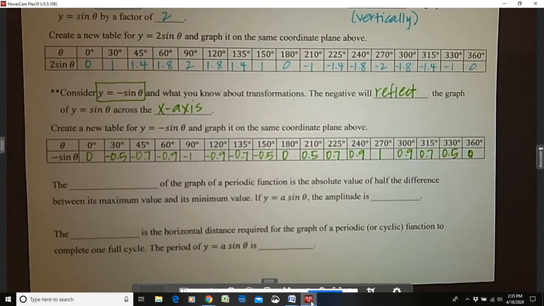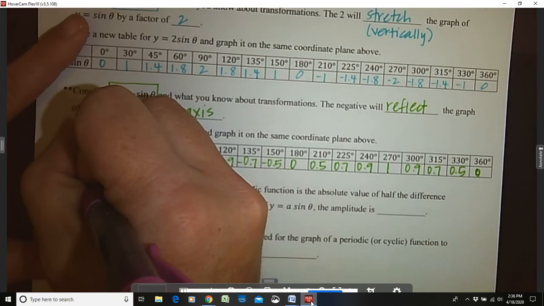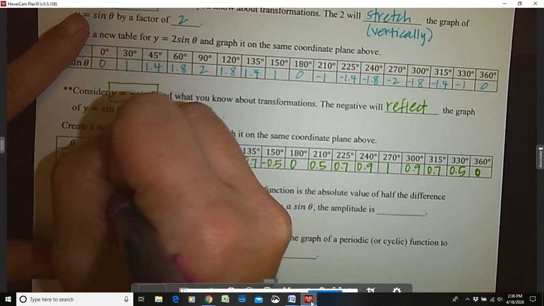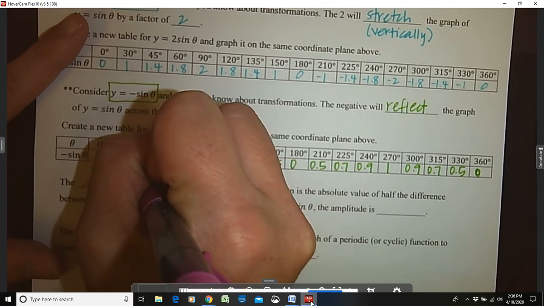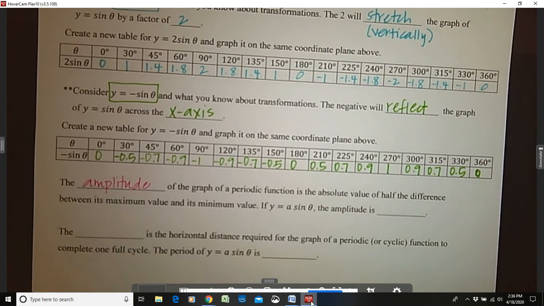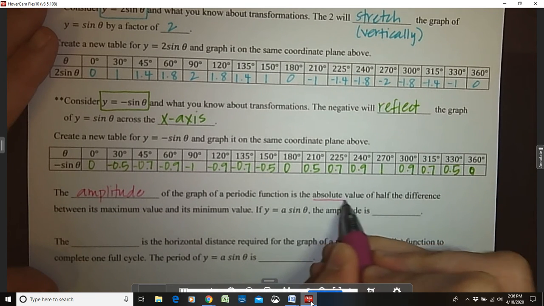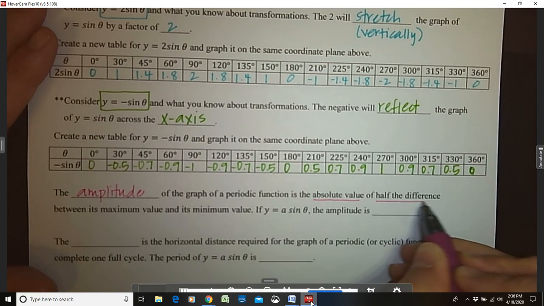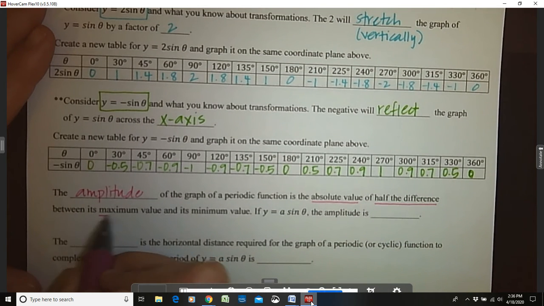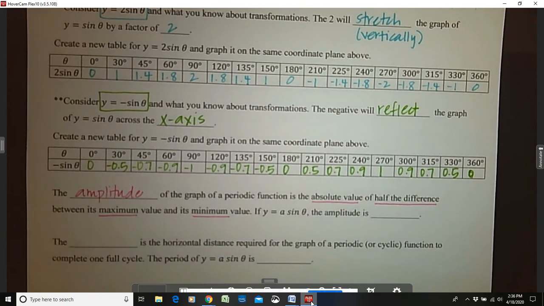All right. Now we need to talk about the amplitude of a periodic function. So the amplitude of the graph of a periodic function, and sine is a periodic function, as is cosine, is going to be the absolute value of half the distance between the max and the min value, okay?